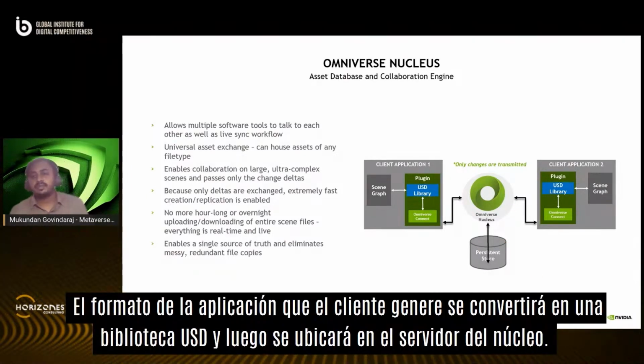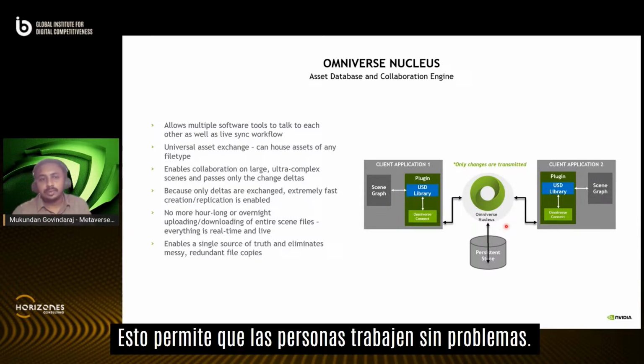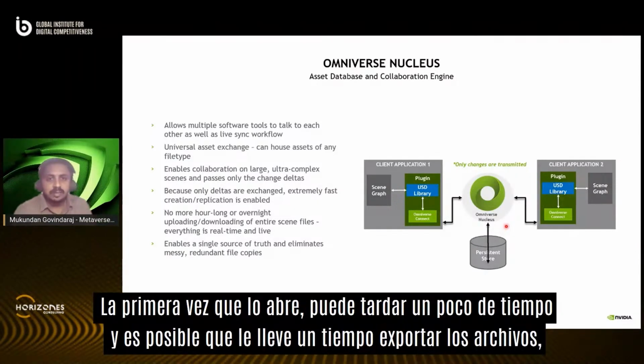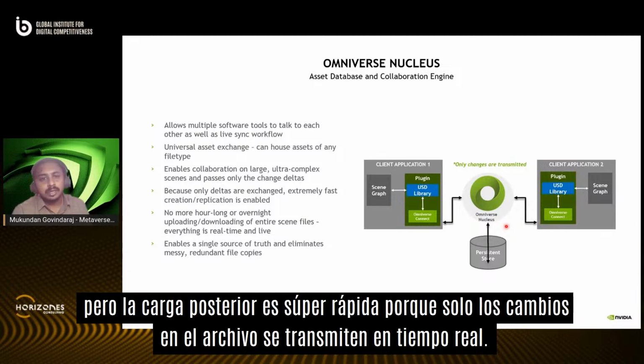And whatever format your client application generates, it gets converted into a USD library, and then it will go and sit in the Nucleus server. So this enables people to work seamlessly. Only the first time when you open it might it take some time for you to export the files, but the subsequent load is super fast because only the changes in the file get transmitted in real time.